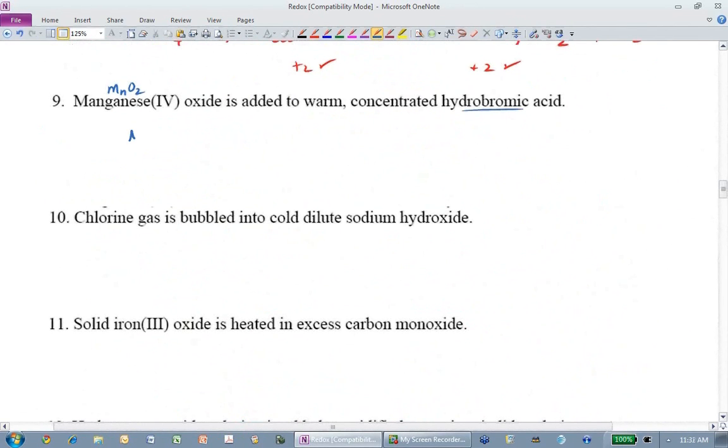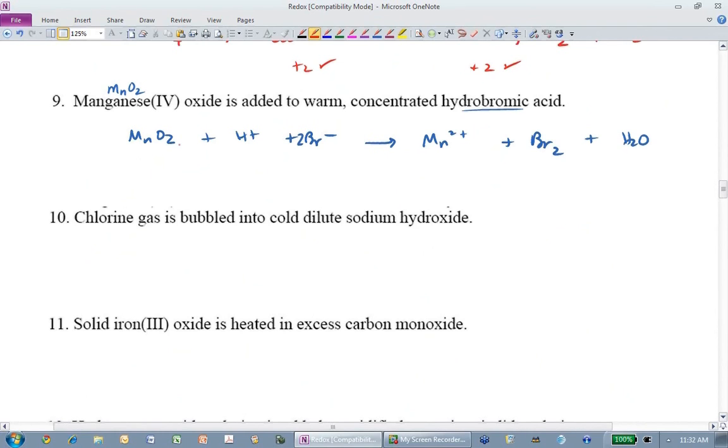I'm not making this stuff up. Alright, so let's see what we get. MnO2 plus H plus Br minus, strong acid dissociates, Mn2 plus Br2, so I would need 2 of those, plus H2O, because I have H plus, I'm always going to have H2O, and I would need, what, to get this to work?